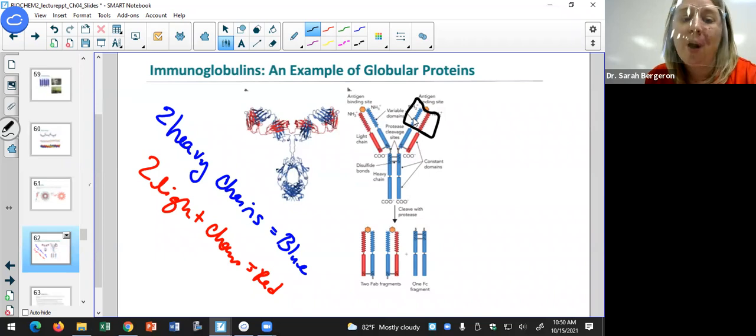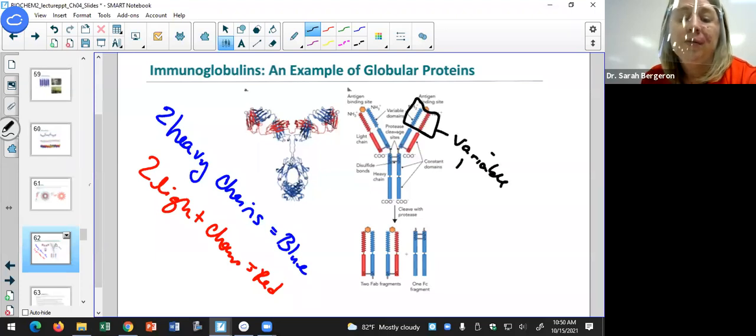You have half of the binding site in the heavy chain and half in the light chain. So why are these zigzaggy and these straight? The zigzag represents the variable region. The straight part represents the constant region.